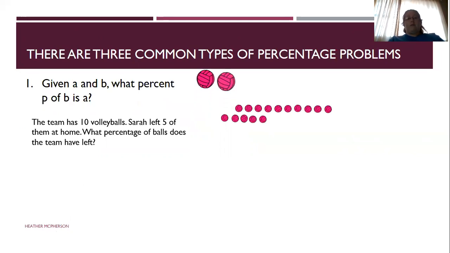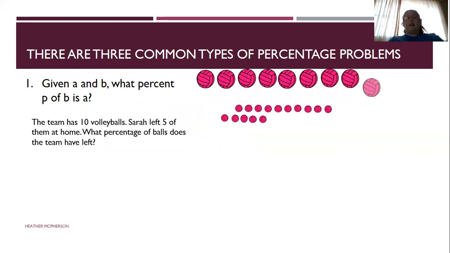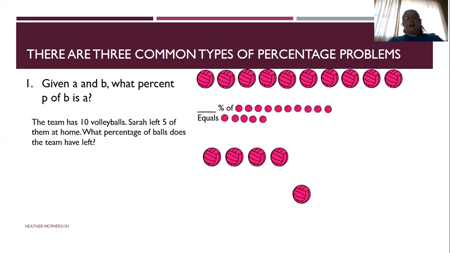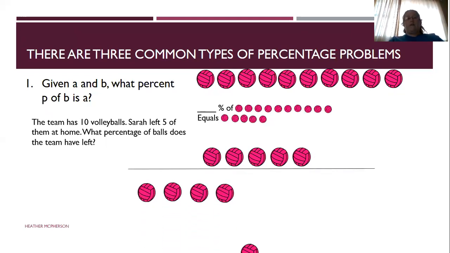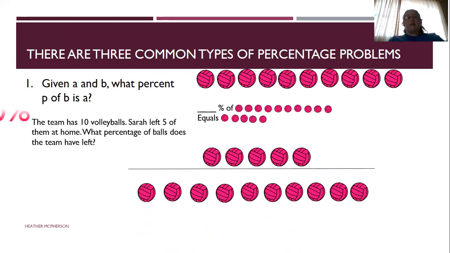So you're looking for the percent of 10 equals 5 because 5 of them were left at home. Or you can look at it with 5 over 10. So your answer is going to be 50%.